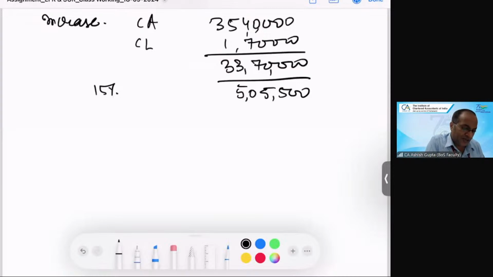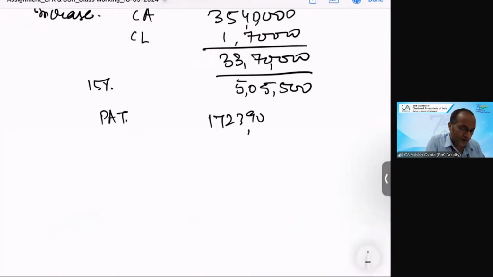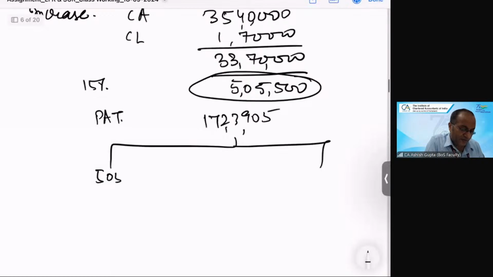Now see, our profit after tax is basically 17 lakh 23,905. Out of this, we have met this 5 lakh 5,500 requirement of funds from this PAT.